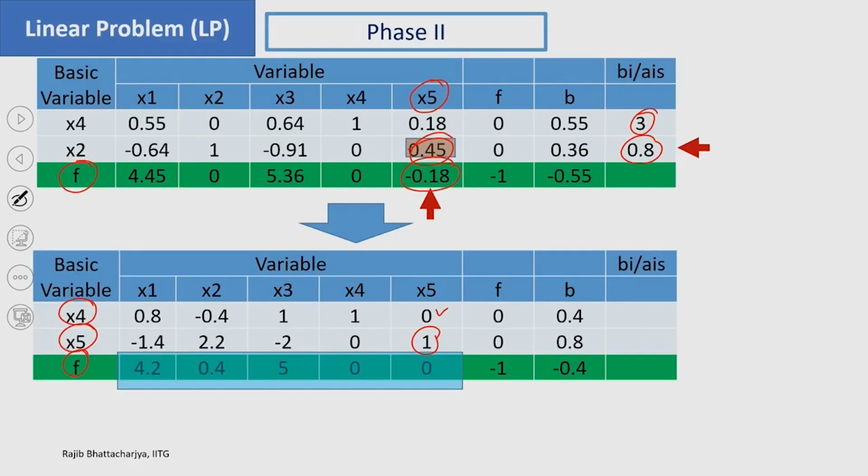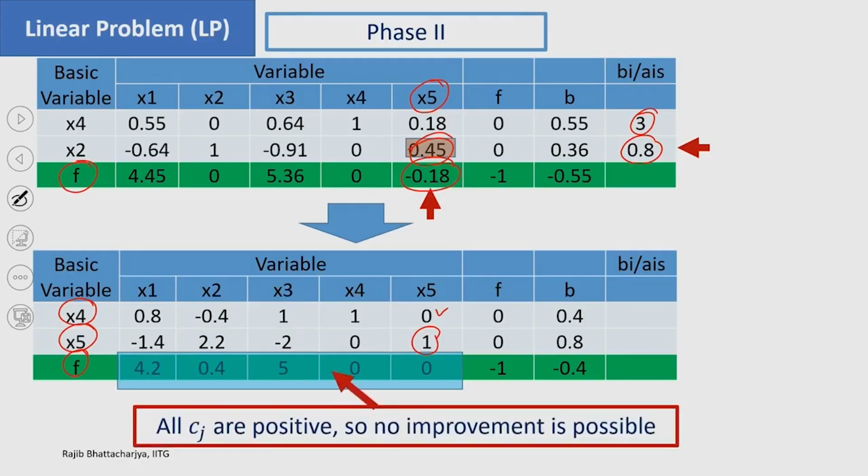Okay. If we look at all Cj, they are positive, so no improvement is possible, that means you got the optimal solution. Okay. So, this is the optimal solution we got.